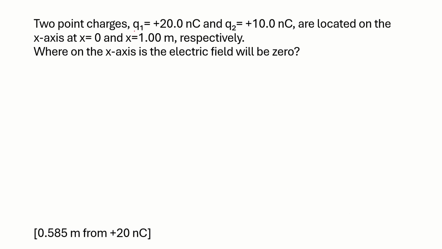Two point charges, one is 20 nanocoulomb, another one is 10 nanocoulomb, are located on the x-axis. Q1 is present at x equal to 0 position, Q2 is present at x equal to 1 meter position on the x-axis. So where on the x-axis will the electric field be 0?